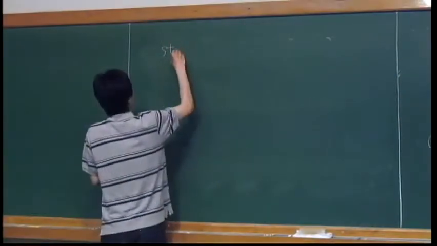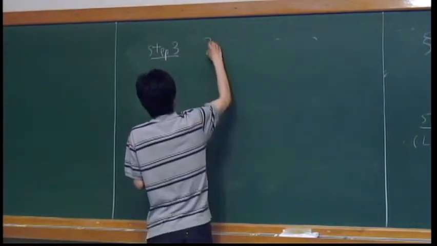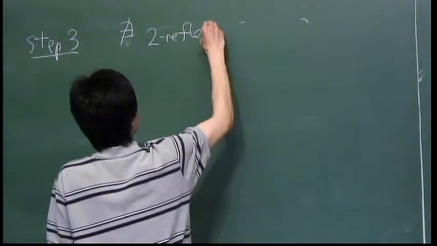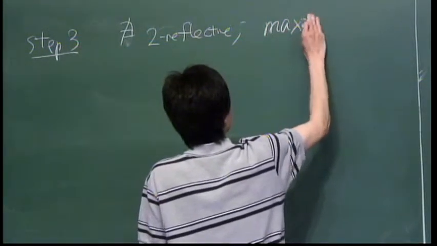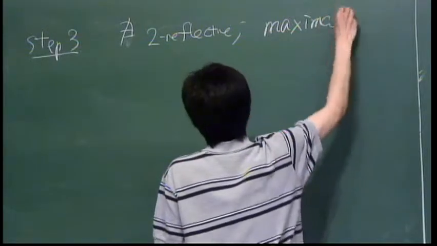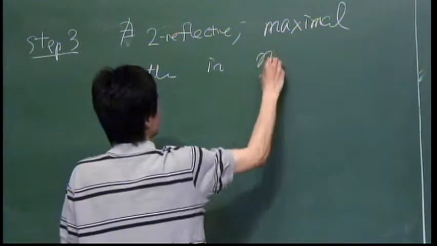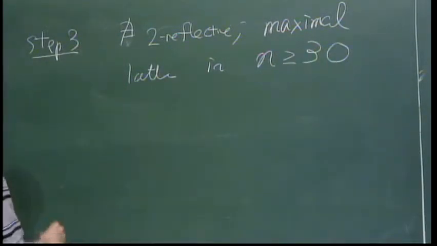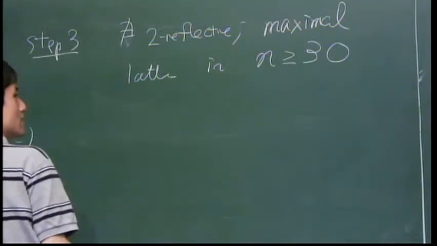So then the final step is to show that there exists no two reflective and maximal lattice in dimension greater than 30. This follows by applying step 2 three times.